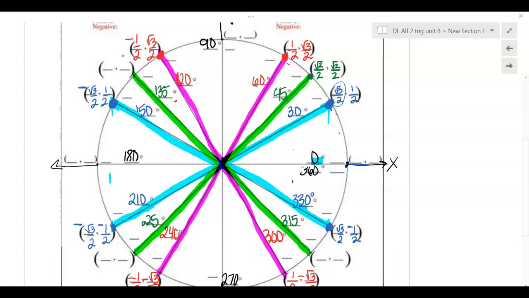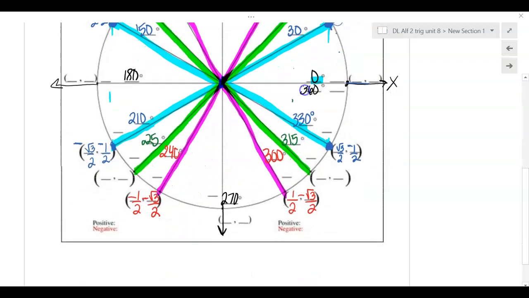If I reflect them to the other side, again, to land in the second quadrant, that's a negative x and a positive y. If I reflect that to the third quadrant, that's a negative x and a negative y. And if I reflect over to the fourth quadrant, that's a positive x with a negative y.